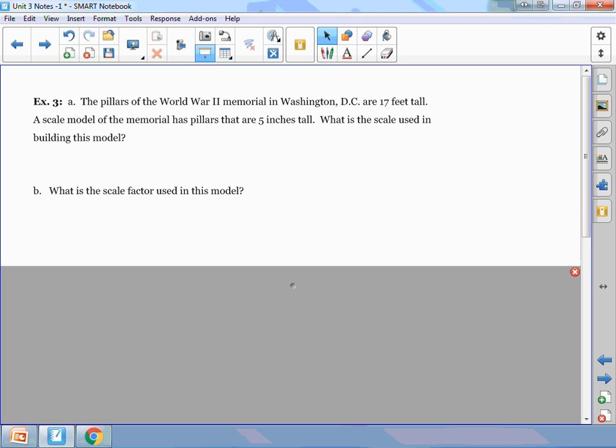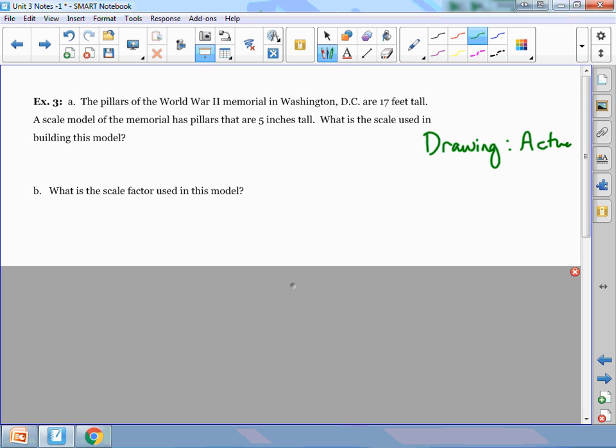So what is the scale used? Remember, scale could be different units. Our ratio is always drawing, or model, I say drawing, it's to the actual.